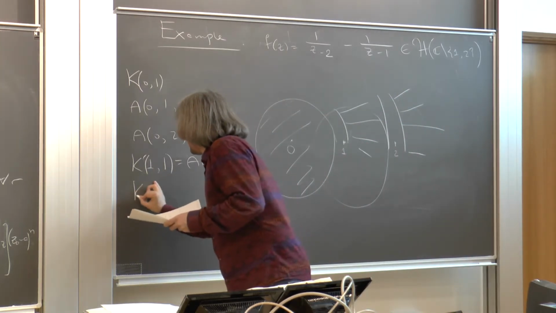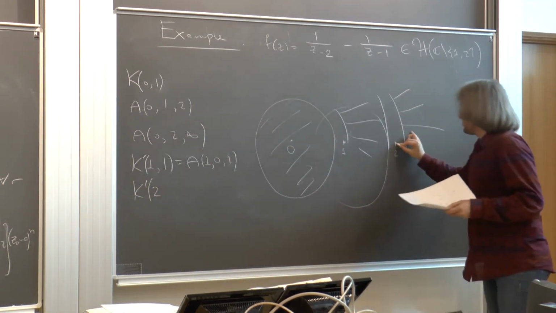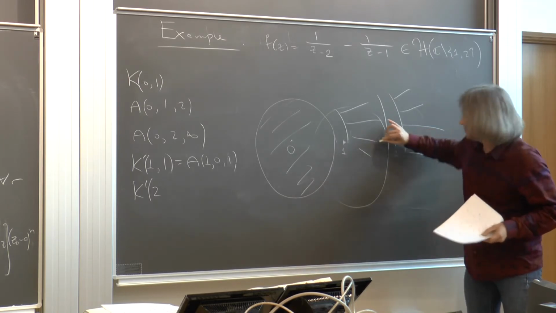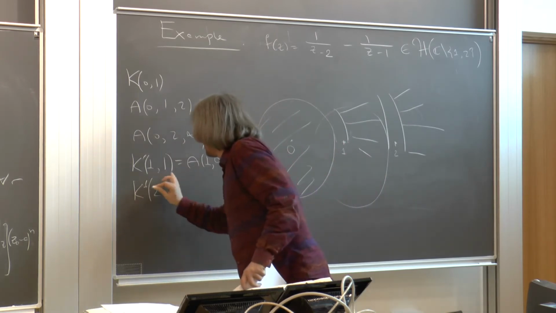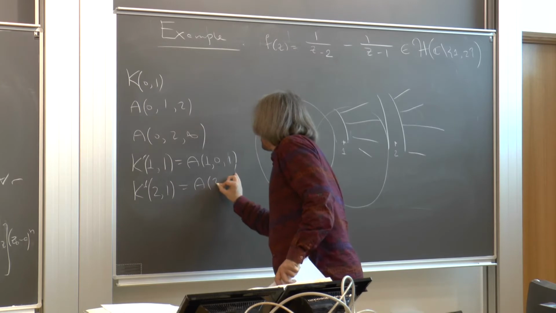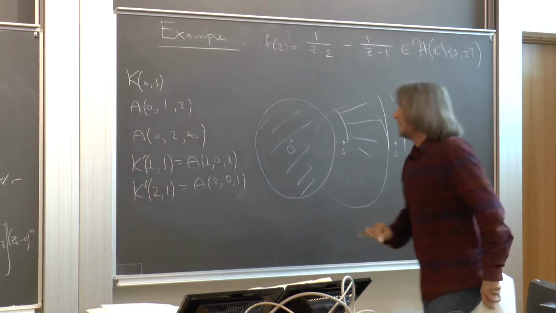Also, you can take K prime around 2. So 2 is also a singular point. So the next singular point is 1. So the radius of convergence will be 1. So it will be K prime 2 1, which is A 2 0 1.